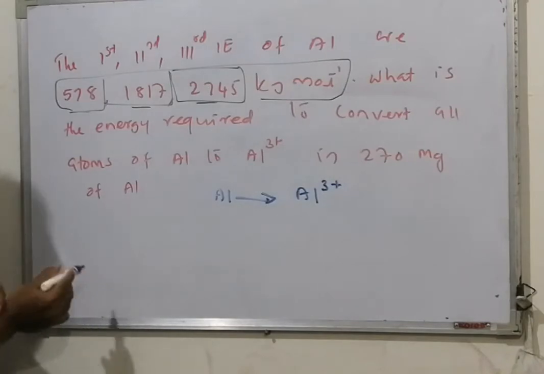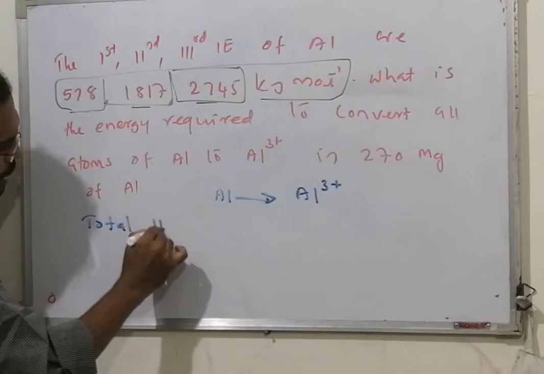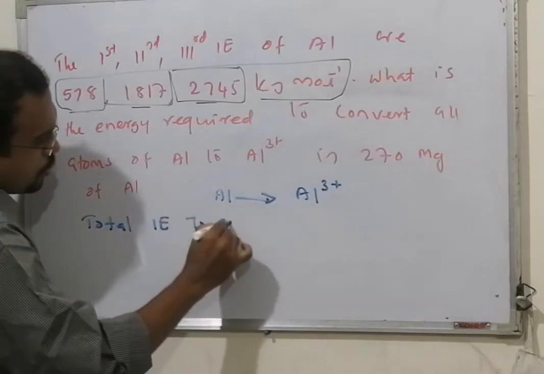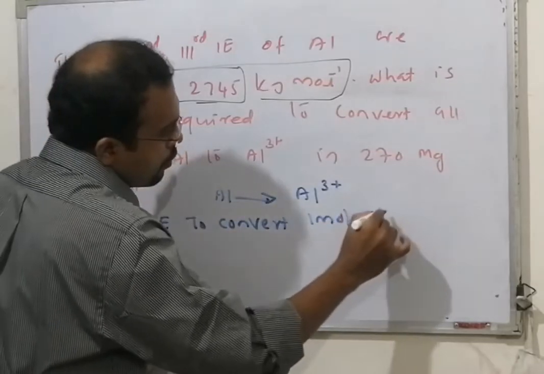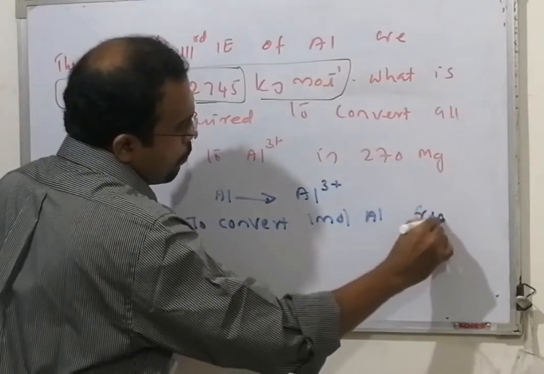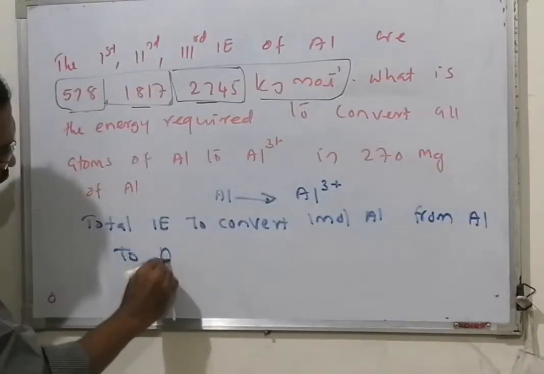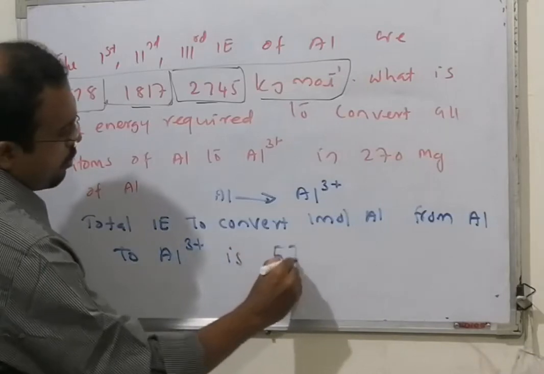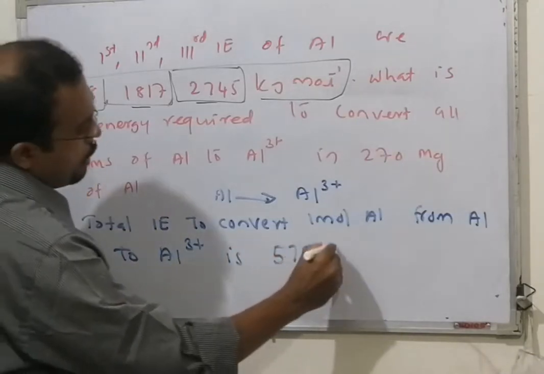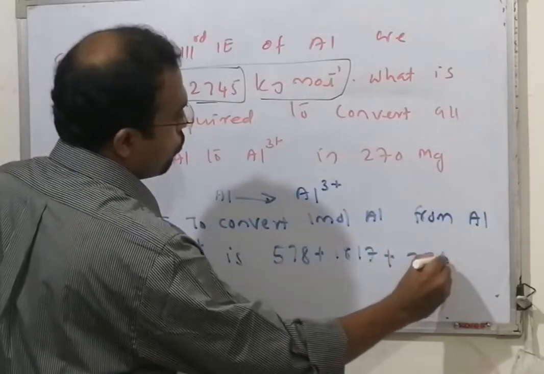Therefore, total ionization energy to convert 1 mole aluminium to Al3 plus is 578 plus 1817 plus 2745.